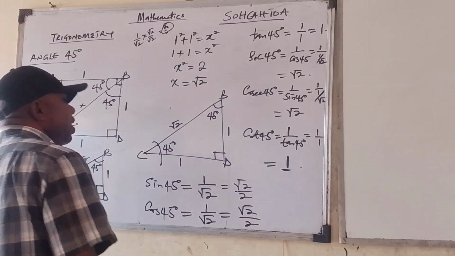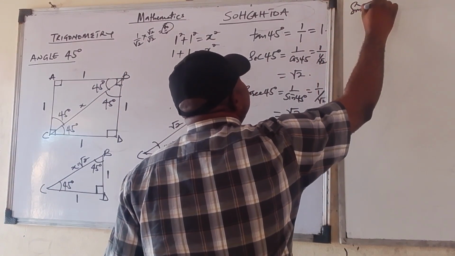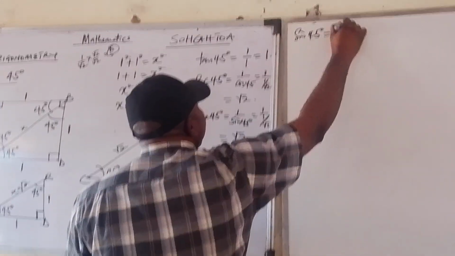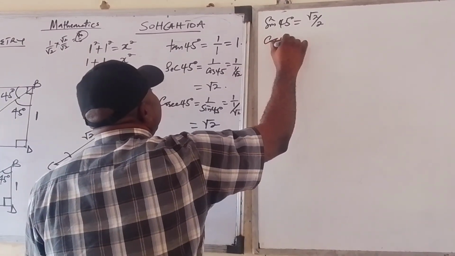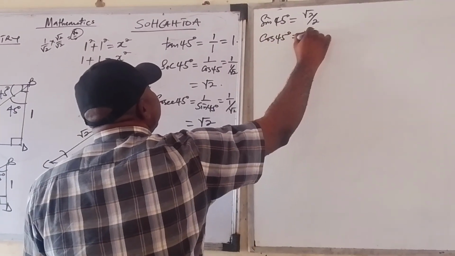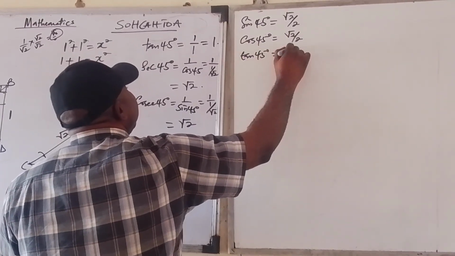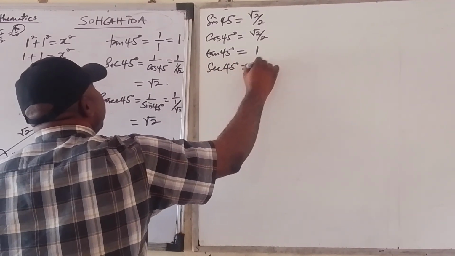So here, let's bring it out. Sine 45 degrees is root 2 all over 2. Cos 45 degrees is root 2 all over 2. Tan 45 degrees is 1. Sec 45 degrees is root 2.